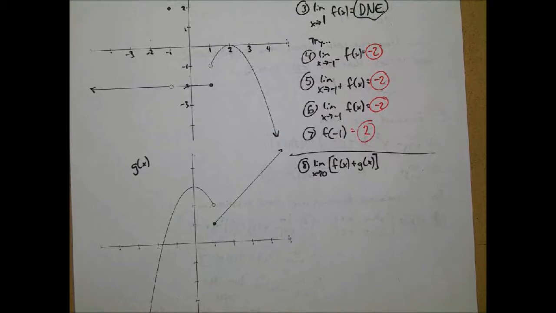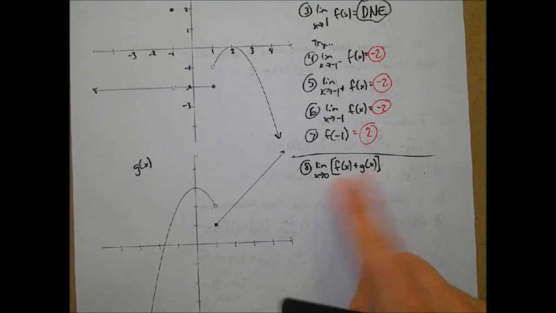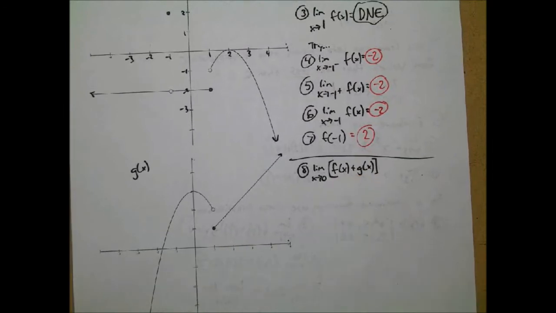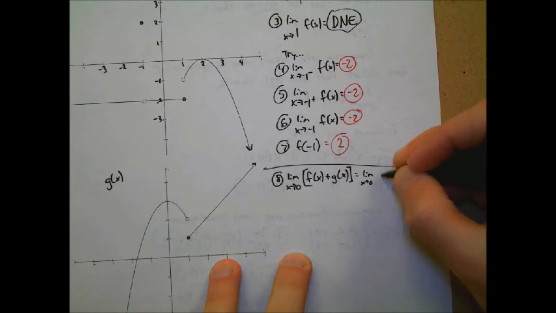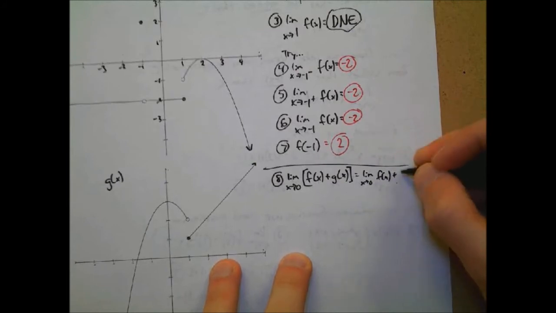Now we do not know what the actual function is for f or for g. Could we come up with it? We might be able to using transformations, but it's not necessary. To find the limit of a sum is equivalent to finding the limit of the individual pieces and then adding them together. So this is the same as taking the limit as x approaches 0 of f and adding the limit as x approaches 0 of g.